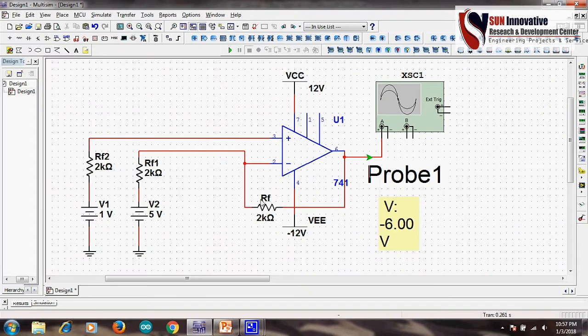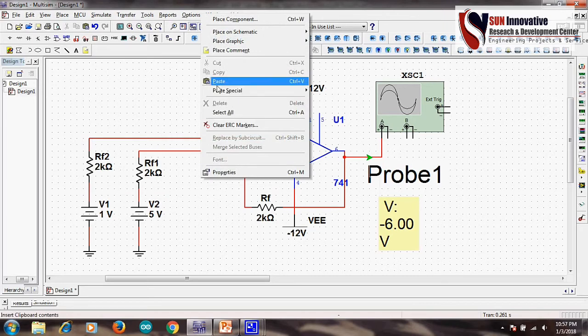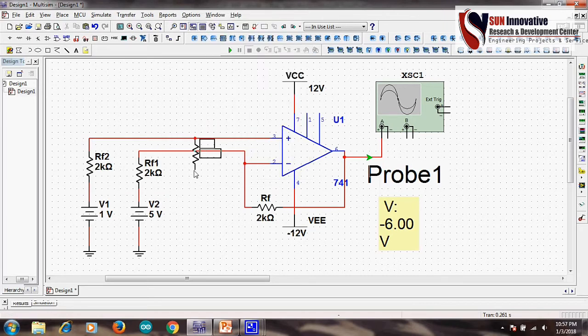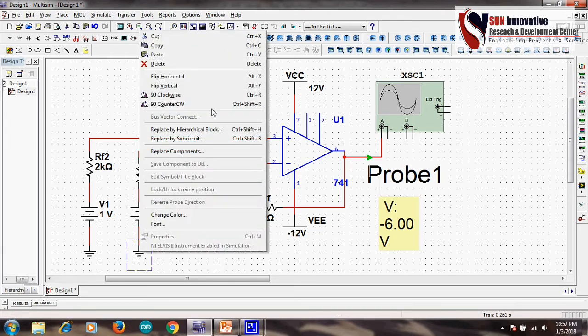So here we have to take the R4 resistor. Copy and paste here. So this is my R4 resistor and it is grounded.